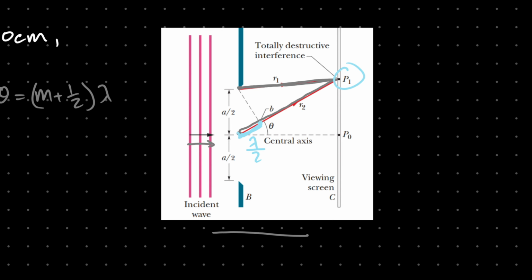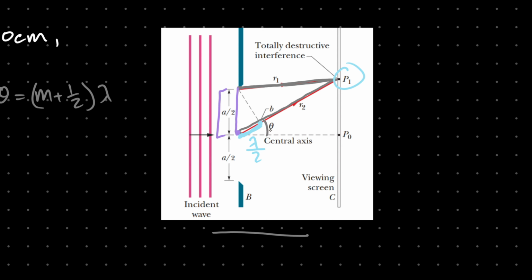Okay, cool, but we don't know what the wavelength is, so we want to relate that to the slit width right here. We know that this distance is a/2, because we're starting the second ray from the middle of the slit. So this length right here is a/2.